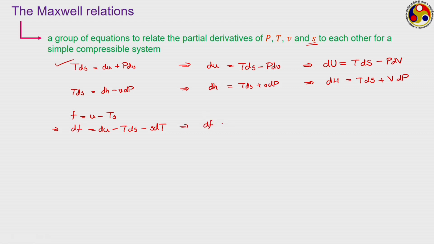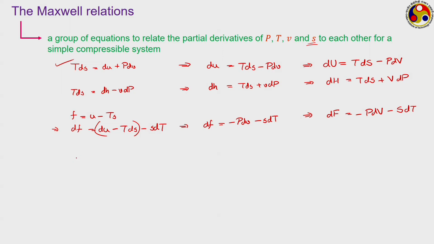So, d of this small f now becomes du minus Tds, this quantity we are replacing using minus P dV, minus S dT, or in extensive sense dF is equal to minus P dV minus S dT. So, we got now an equation representing the change in this Helmholtz free energy.